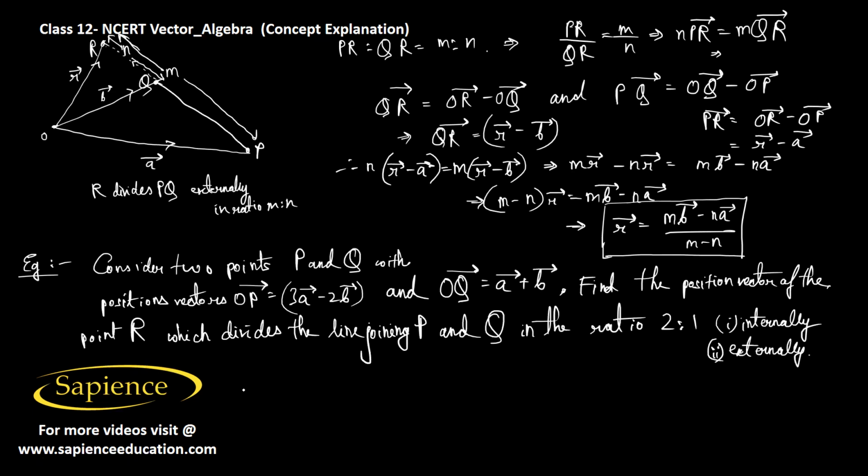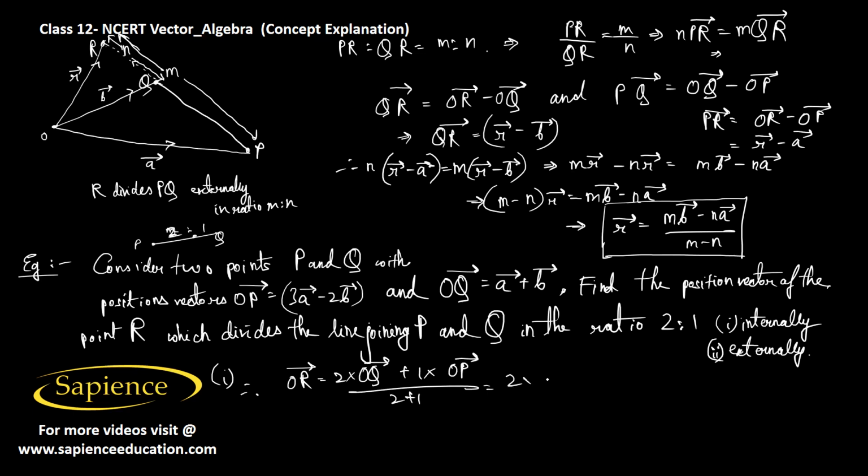So in the first case, if the point R divides PQ internally in the ratio 2:1, then the position vector of the point R, OR, will be equal to, since it divides PQ in the ratio m:n, means 2:1, 2 into OQ vector plus 1 into OP vector divided by 2 plus 1.